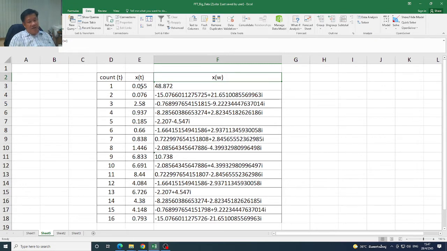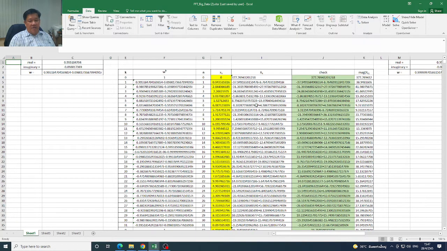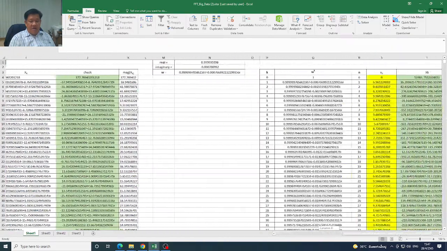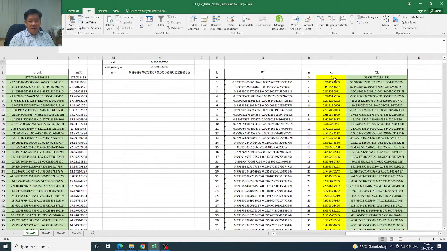The second restriction is how Fourier analysis handles large data. You can see here in sheet 1 that I already implemented an example that I will illustrate to you. Look at this sequence of numbers in the yellow shade here.